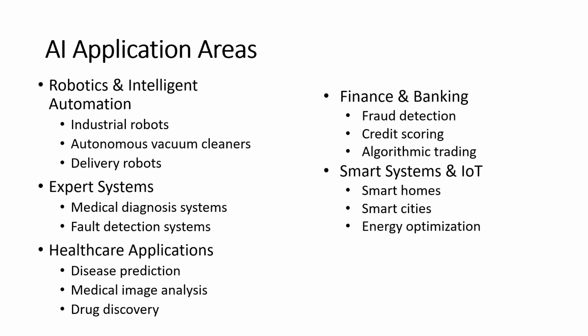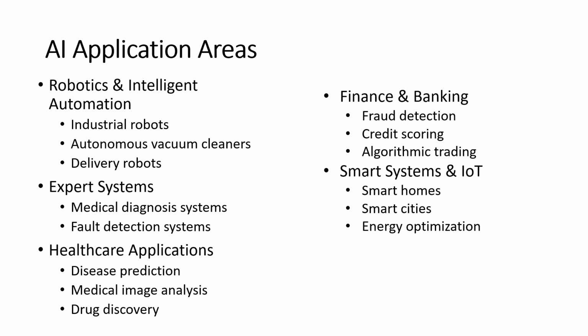Next application area is robotics and intelligent automation that combines AI with physical machines. For example, industrial robots, autonomous vacuum cleaners, delivery robots, etc. Next is expert systems. Expert systems mimic human expert decision making. Examples: medical diagnosis systems, fault detection systems, etc. Next application is healthcare, where disease prediction and medical image analysis are possible.